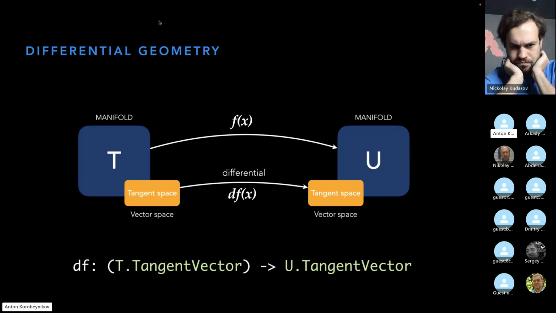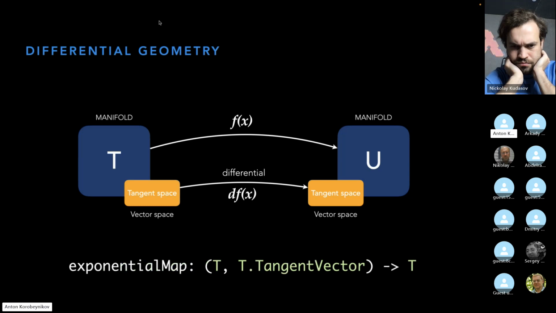This linear transformation or approximation is also called a differential or pushforward, which is a linear map between these two tangent spaces. And given a tangent vector in the tangent space, one can also take a point on the manifold and move it along the direction.